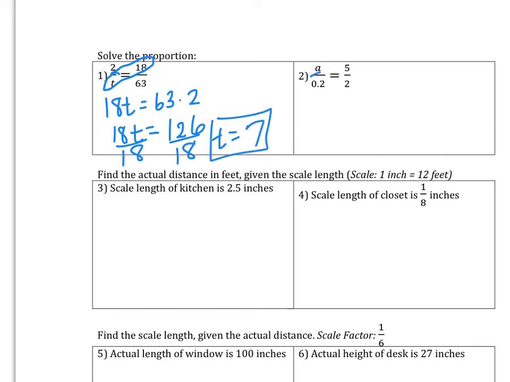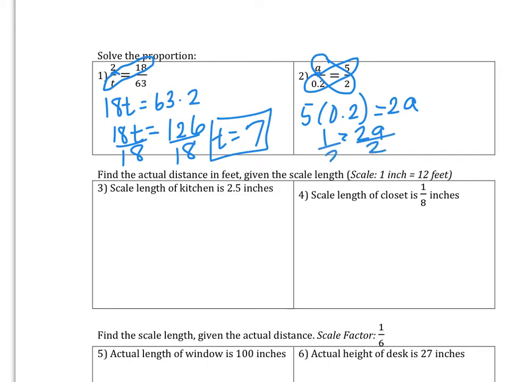Number 2, cross multiply, equals 2a. So 5 times 2/10 is 1, equals 2a. Divide both sides by 2. And a equals 1/2.